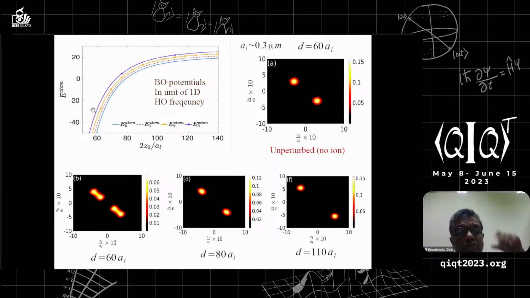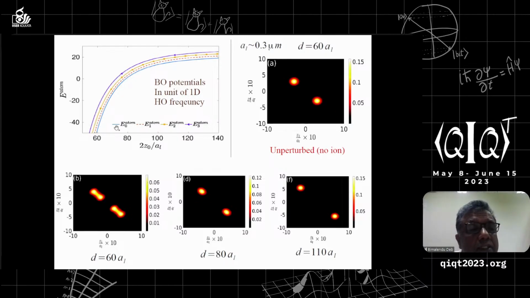Here the scale factor is the atomic oscillator length scale, AL, which in our case, considering a calcium ion and rubidium atoms, is about 0.3 micron, the atomic trap scale, which is actually the width of the ground state of the motional state of the atom.